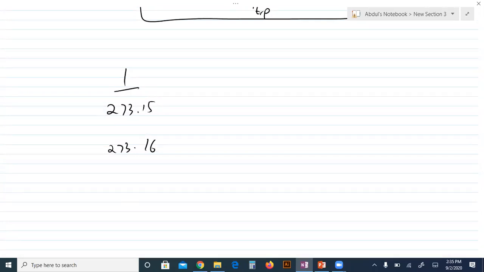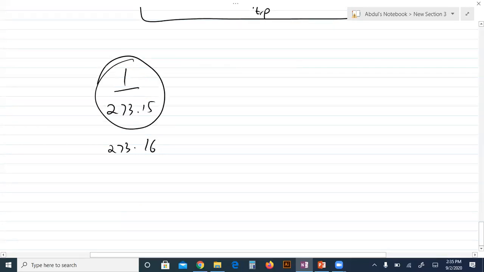So this is the definition of 1 Kelvin. So 1 Kelvin is 1 divided by 273.16 fraction of the thermodynamic temperature of the triple point of water. If the triple point of water is measured in Kelvin, then its 1 over 273.16 part is called 1 Kelvin.